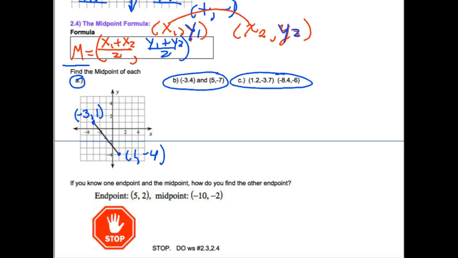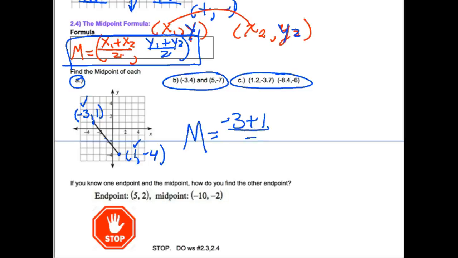When I consult my midpoint formula that's up in this box, it says to get in the middle, I grab my x's and I add them. And then I divide by 2. I'm really averaging the x's and averaging the y's.